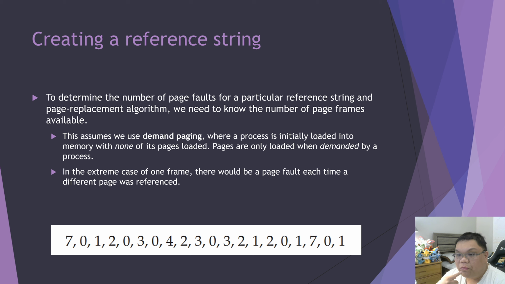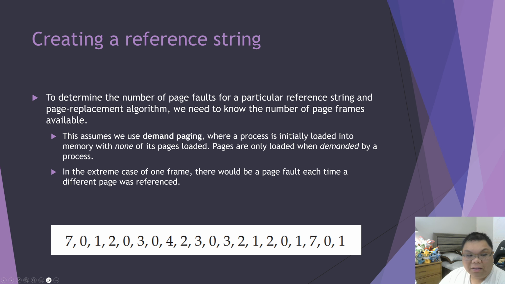So think of what would happen if we only had one page frame available. We can only hold one page at a time. If we only had one page, it wouldn't matter which algorithm we would use.